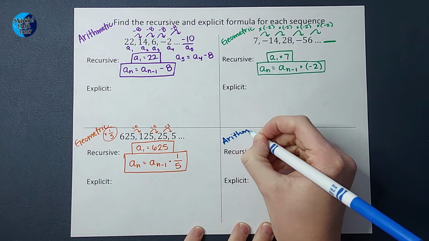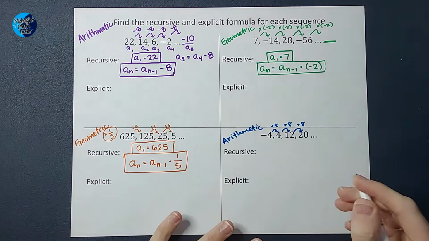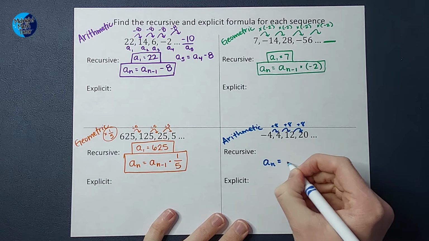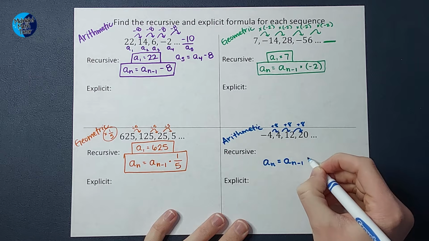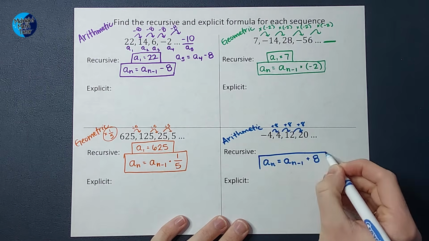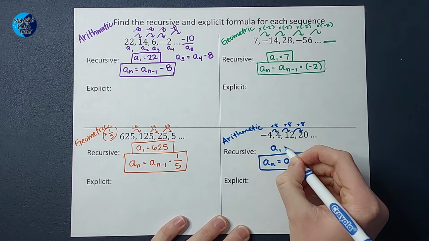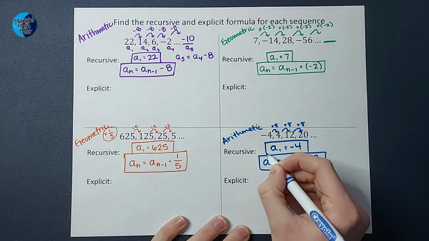So how do I say in math language, whatever one you want to find, take the one before it and add 8? I say, whatever number you want to find, a sub n, take the one before it and add 8. There we go. Okay. And I need to tell people that the first number in this sequence is -4.